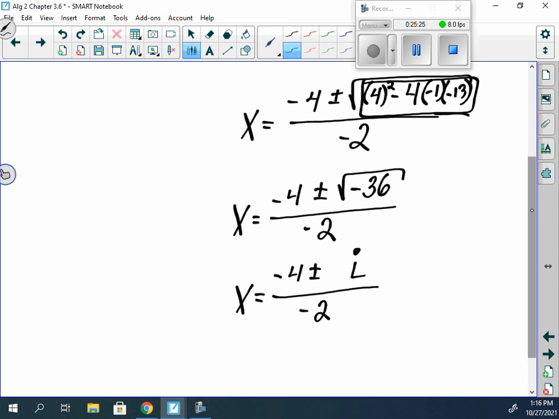The square root of 36, which is 6, because the negative came out as i. That's why we do this, because if I have a negative inside that radical, the negative comes out as i. We can take the square root of whatever it is and get our answer.